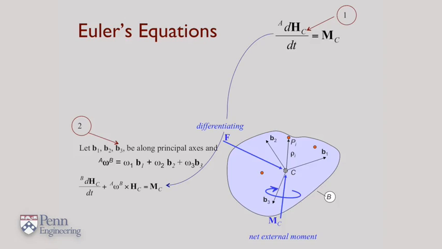The first term involves the derivative in a body-fixed frame. The second term involves a correction factor. That correction factor is a vector that takes into account the fact that the differentiation is done in the body-fixed frame. This correction factor is simply the angular velocity of the moving body-fixed frame crossed with the angular momentum.